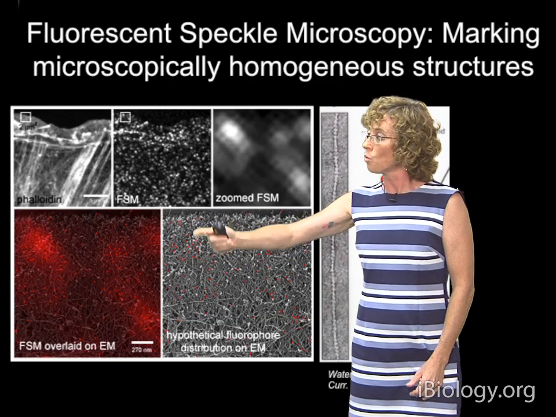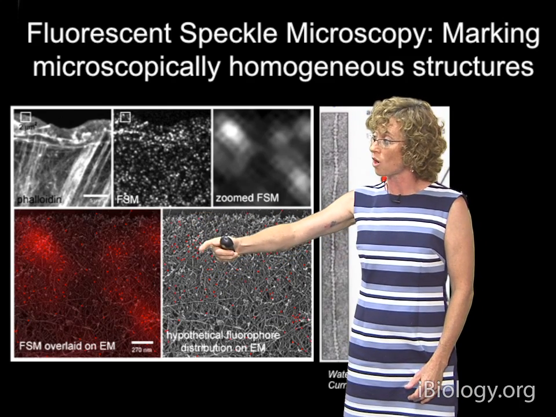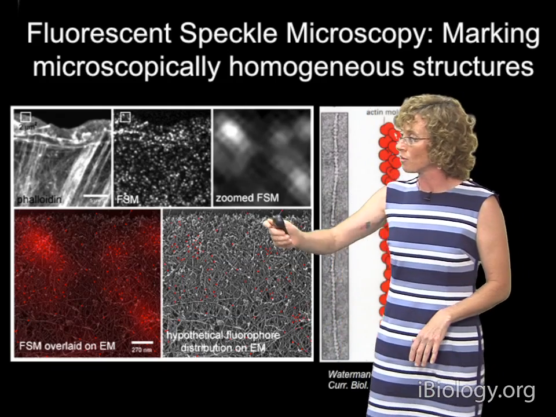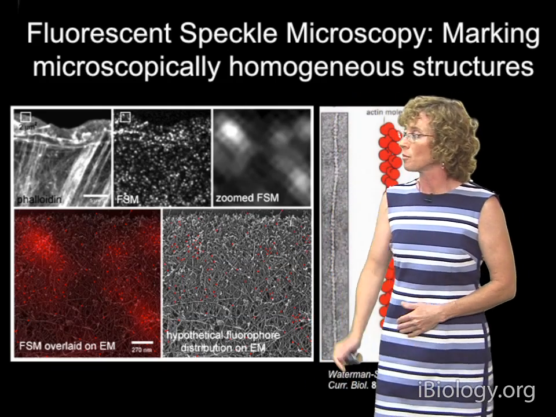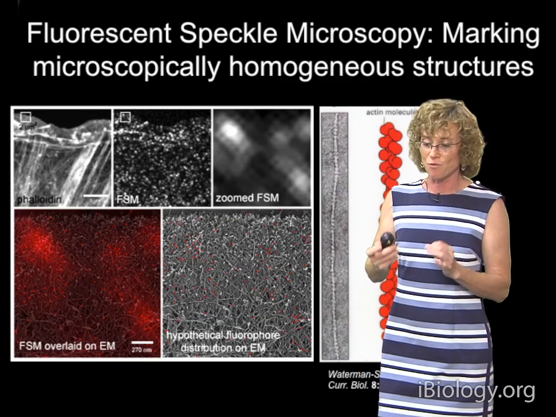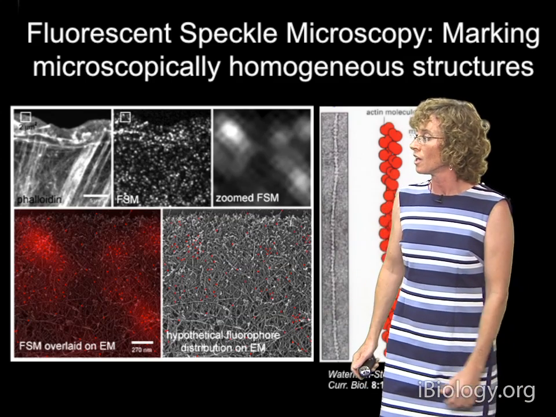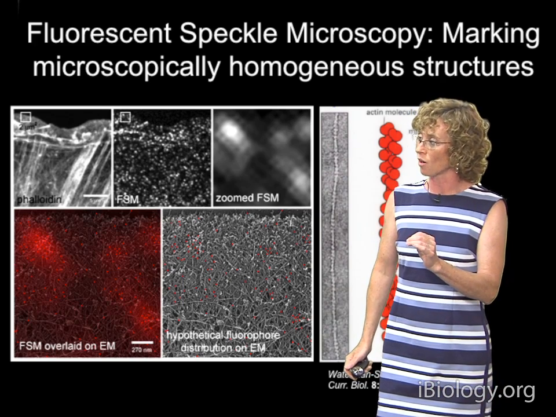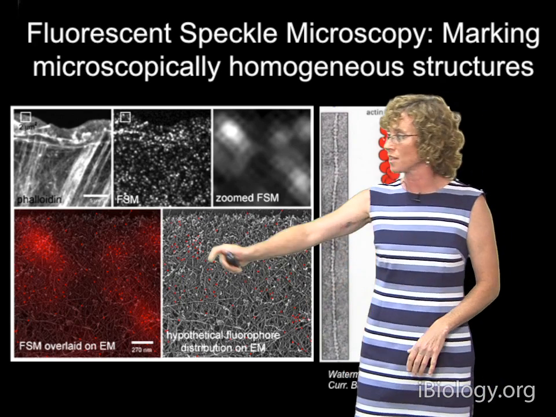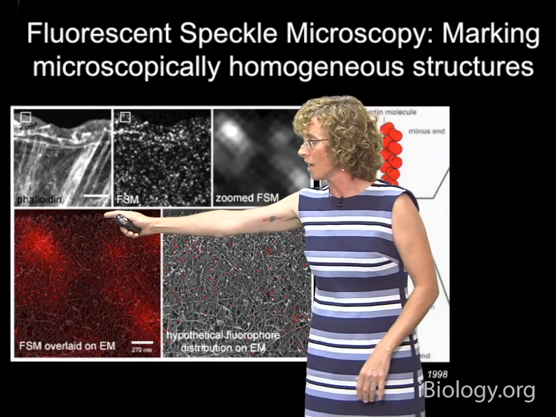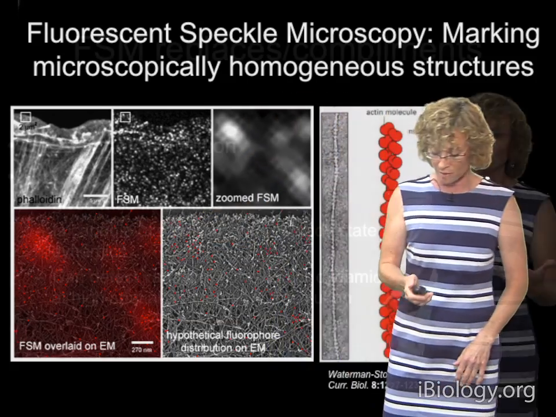This is literally just drawn on with Photoshop, these little dots representing a probable number of how many fluorescent subunits went into making each one of those speckles. It's a very, very small fraction of the actin subunits that are labeled in order to get this contrast between adjacent diffraction-limited image regions, a dim one here and a bright one there.